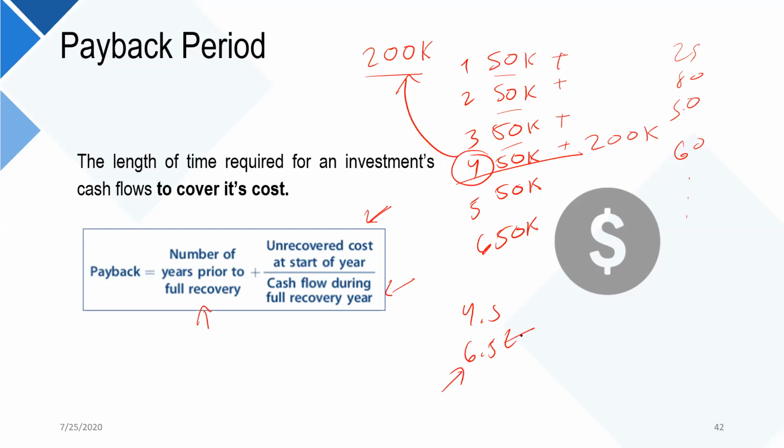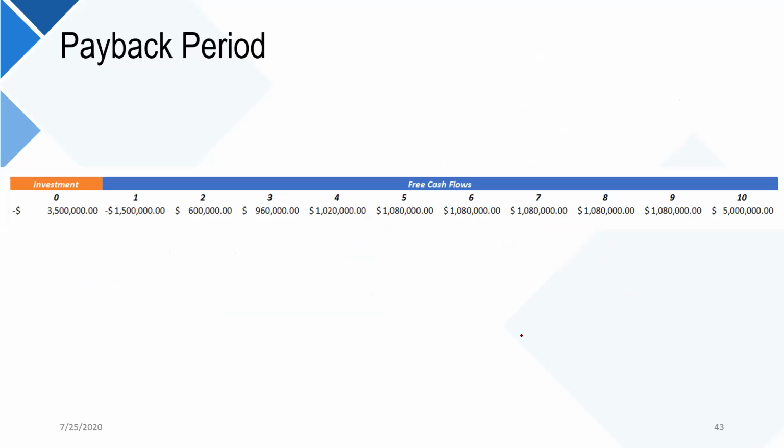Let's do an example with numbers. Again, it's the same example we are using: the investment in the development of a plot of land. The question is how many years it will take to repay the investment for this project. All you need to do is add this up, and this is 5 million pesos, our initial investment. Then we start counting.